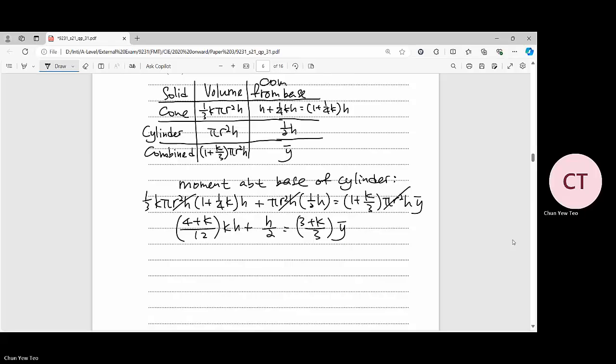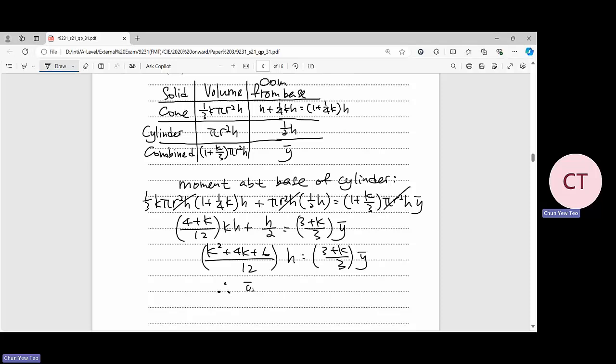Okay, so we can join all together by making this as k square plus 4k plus 6 over 12 is equals to the 3 plus k over 3 bar y.